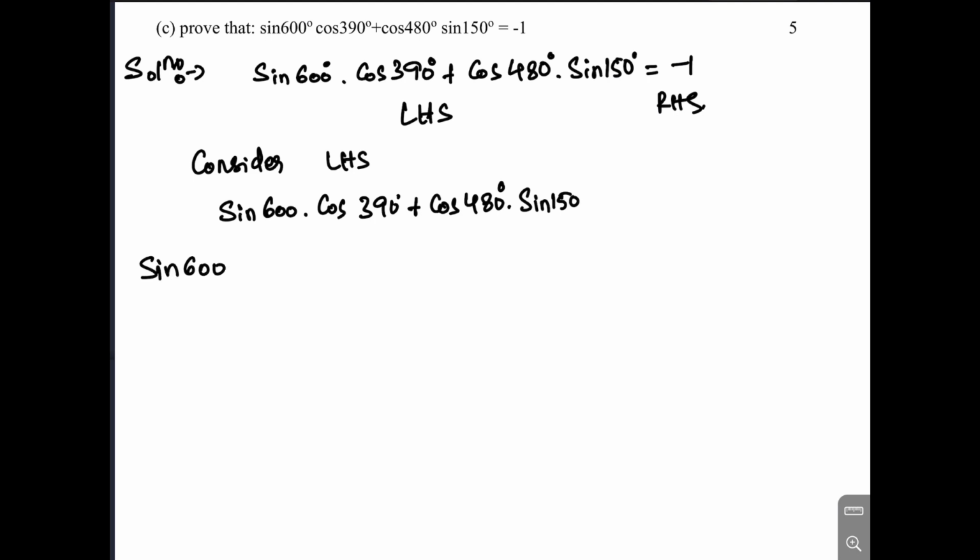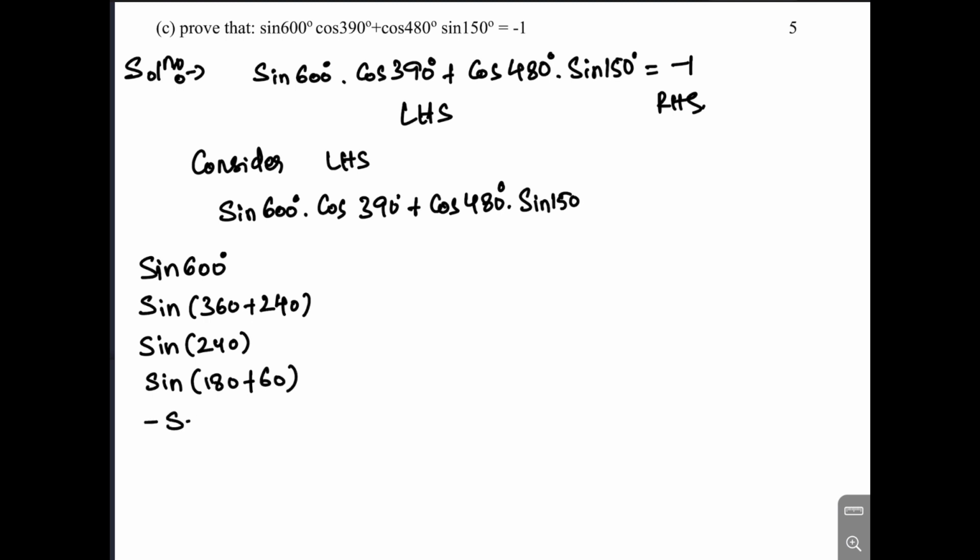Sin 600 can be rewritten as sin of 360 plus 240, so sin 240, which is sin of 180 plus 60, which gives minus sin 60.